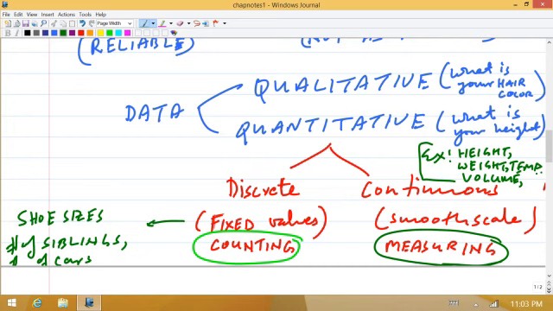For example, height, waiting time in a gas station, temperature, volume. Height can be anything from 5 feet, in any small increment, up to 6 feet or beyond. So in that sense, we have a continuous variable.